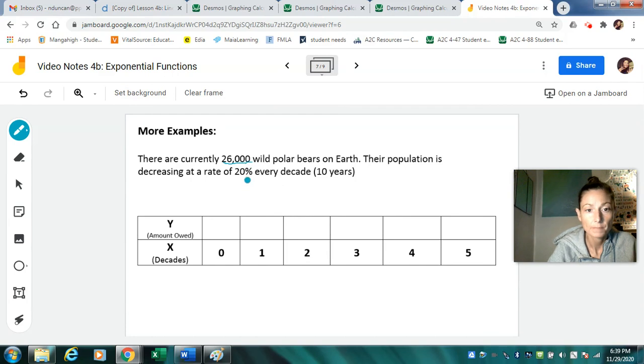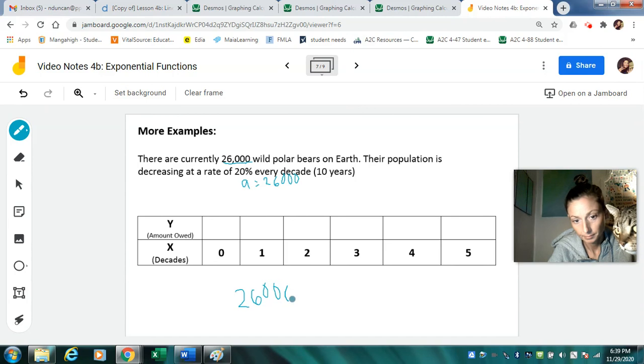So A is going to be that 26,000, and that's going to be at year 0, which we're calling today.